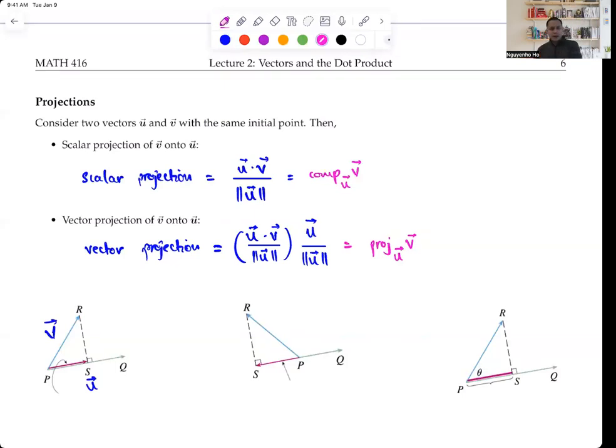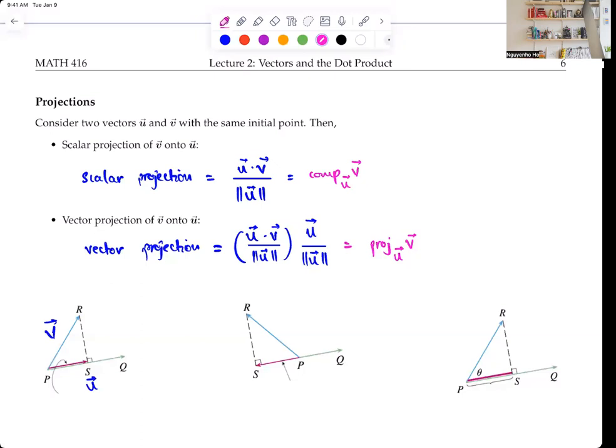All right, so I have 5 more minutes. Let me quickly derive the formula for the scalar projection. Let's take a look at the first image. Again, the setup is that I have a vector u and a vector v with the same initial point, pointing at angle theta.